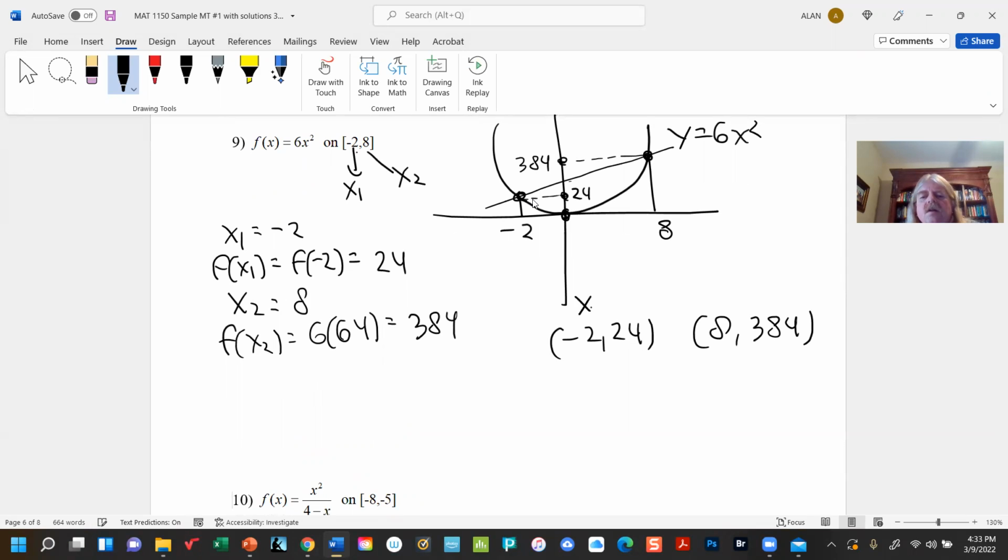So think of this as x1, f of x1, x2, f of x2. And the formula actually says to do this.